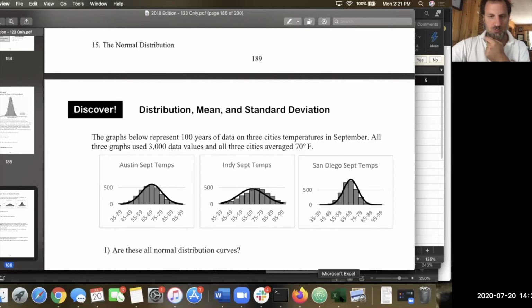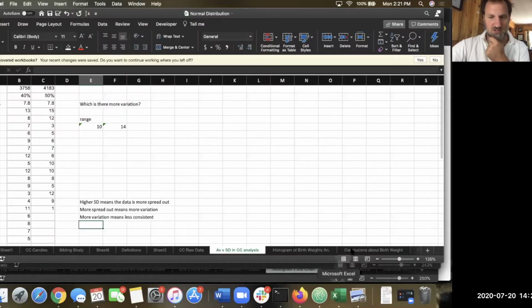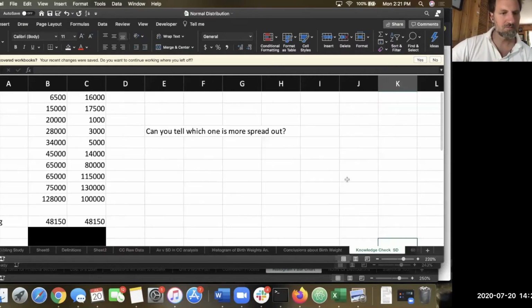Okay, let's do one more practice on standard deviation. Can you tell which one is more spread out?